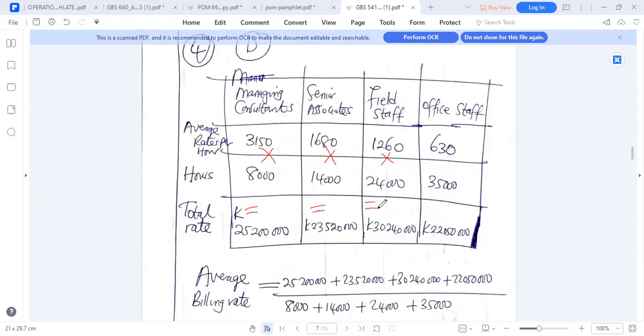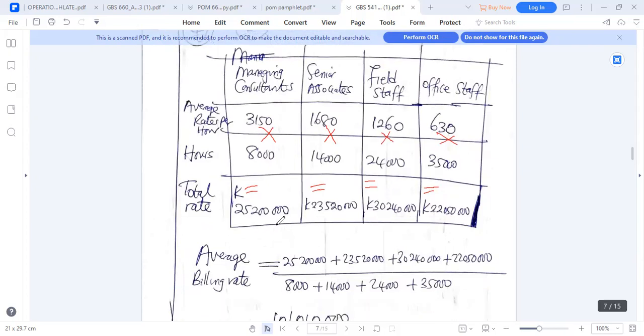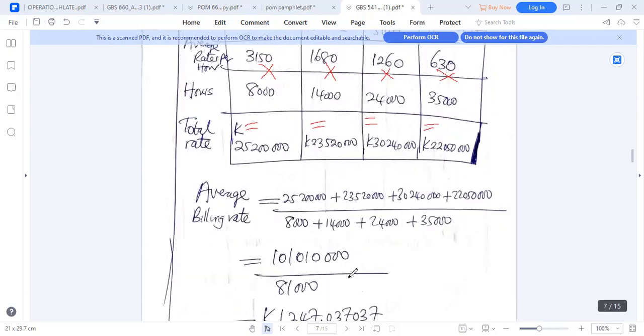Then of course we multiply this other one as well to get this total. So these are the total rates. We want to find the average billing rate, which means you add these and divide by the total hours.